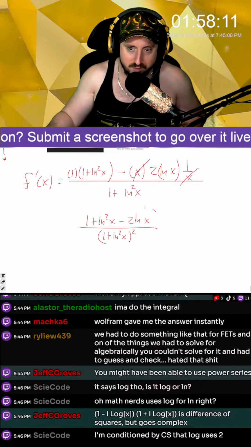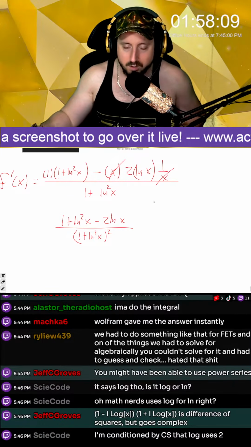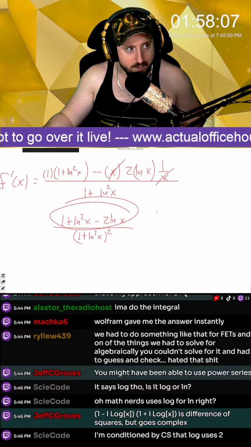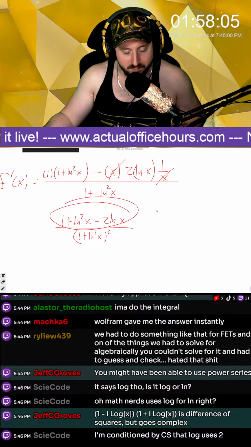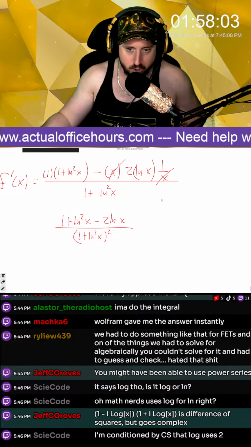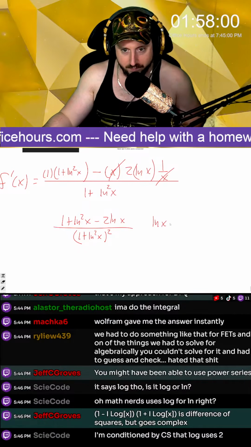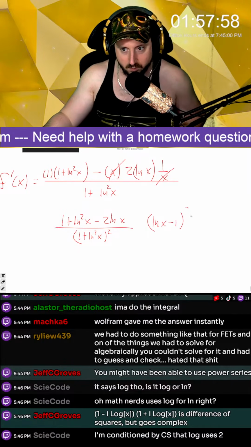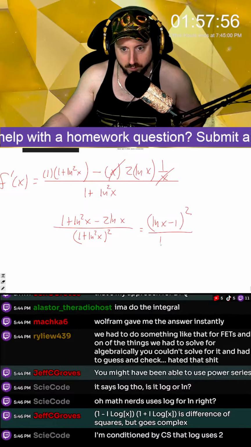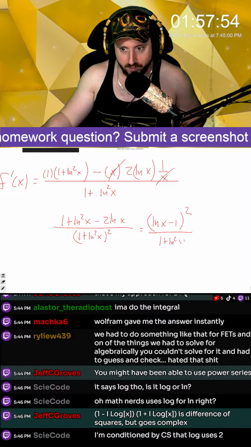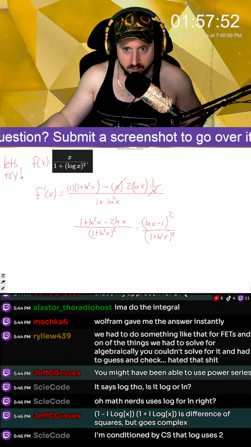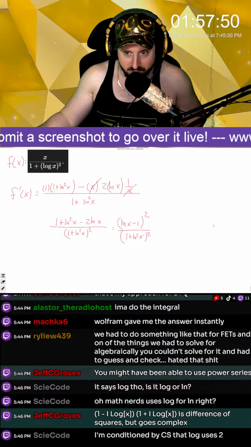Okay. Yes, because then this is cute. Oh, this is really cute. This is a perfect square trinomial, no? So this is ln of x minus 1, squared, all over 1 plus ln squared of x, squared. Which, yeah, look, that's exactly the right thing, right?